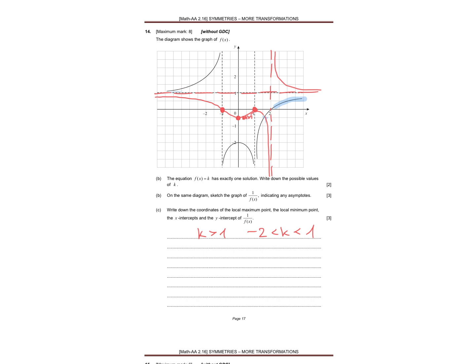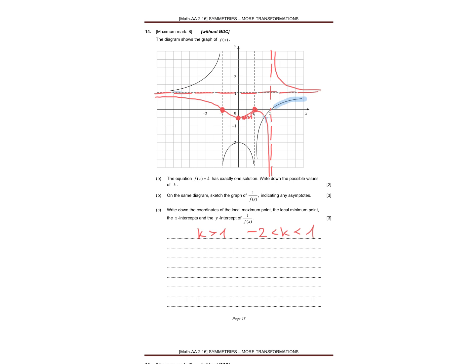So for C, write down the coordinates of the local max, the local min, the x-intercepts, and the y-intercept. So there is no minimum on the graph of f of x, but on the graph of 1 over f of x, since it's got to be negative here, this is going to be the max because it's the x-intercept and it's got to stay negative or below the x-axis.